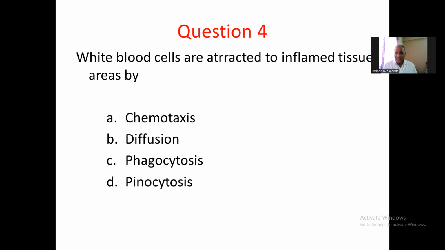Pinocytosis is cell drinking, phagocytosis is cell eating, and the answer is chemotaxis because it is the attraction by the inflammatory substances which pulls the leukocytes to the site of inflammation. The correct answer is A. Chemotaxis.